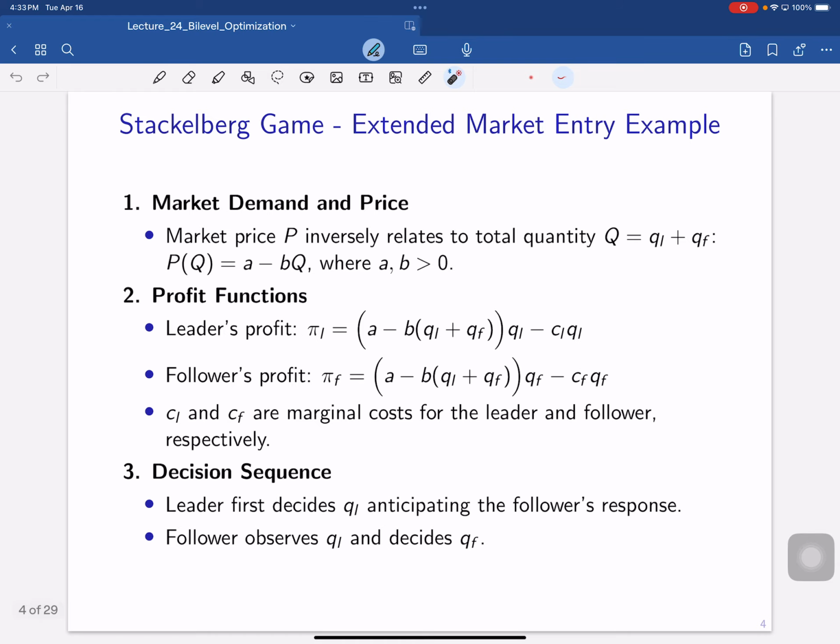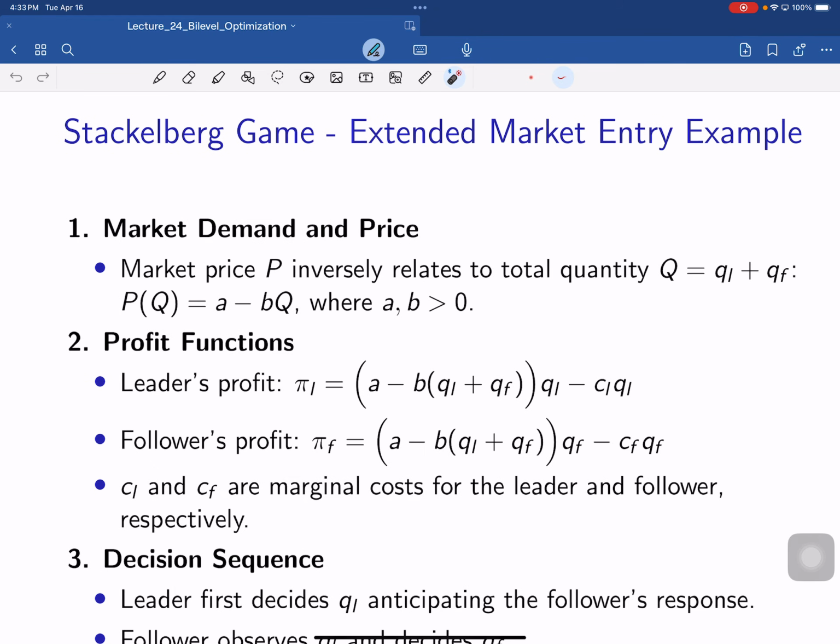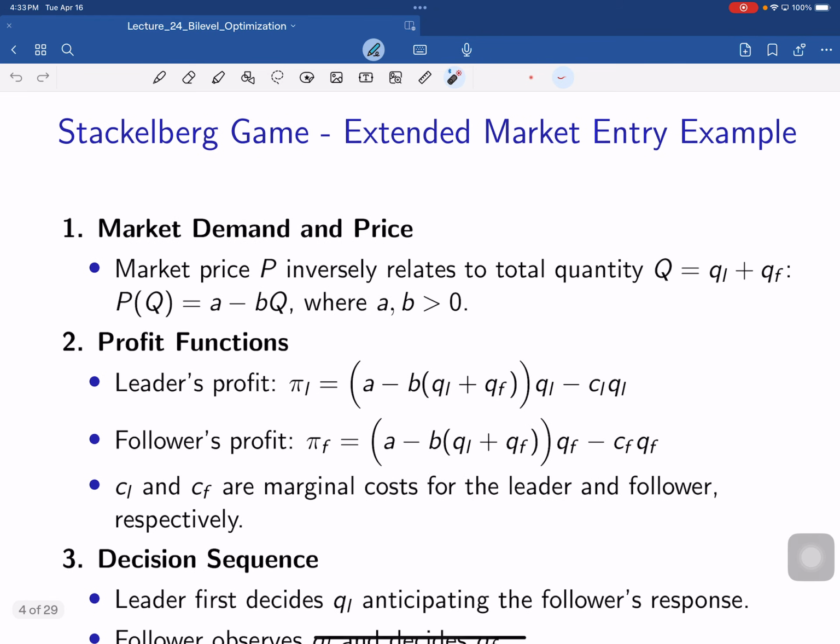Let's think about a particular application called an extended market. In a market, if a vendor wants to sell a given product, the market price of this product is related to the total quantity of the product in the market. As you know, if you produce a lot of this product, the market price is going to decrease.